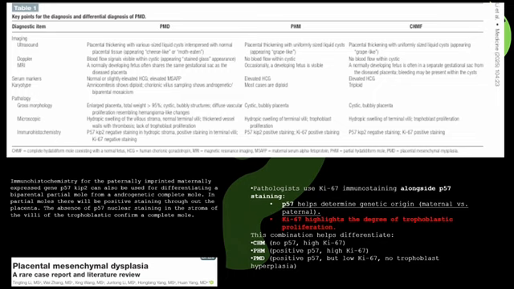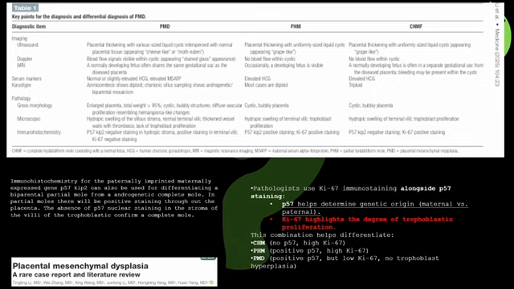So in complete mole, which is completely androgenetic, with all the genetic material derived only from the paternal side, P57 is totally absent. Whereas in the case of partial mole or placental mesenchymal dysplasia, where the genetic origin is biparental, all the villi will show P57 positivity. Okay, now based on P57 we have eliminated complete mole.